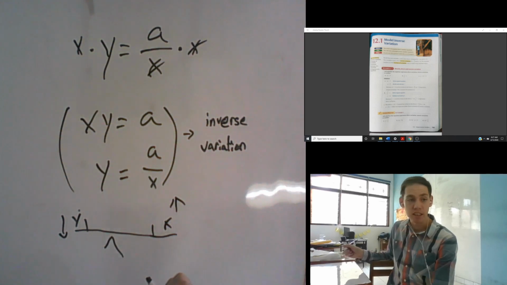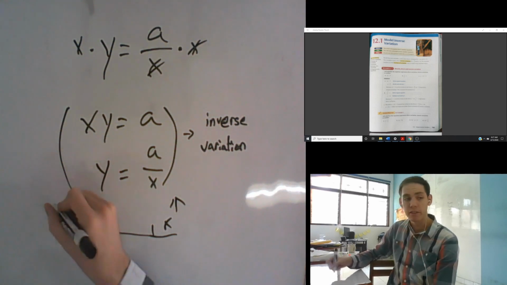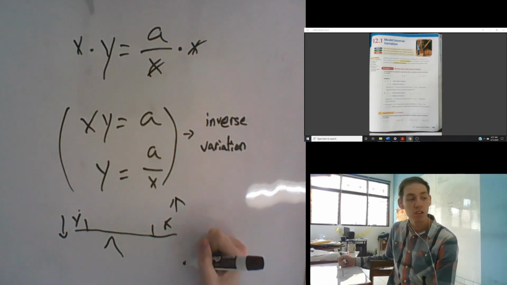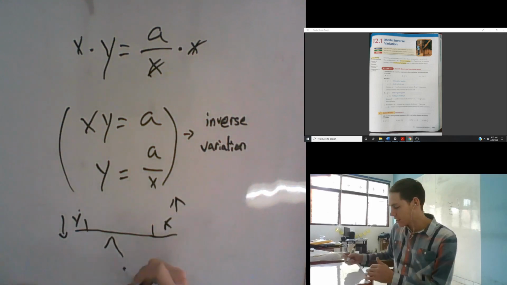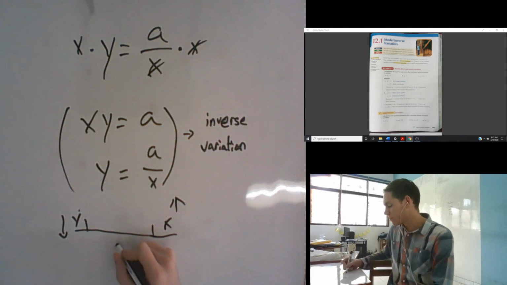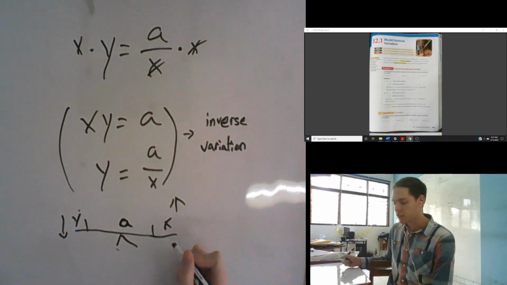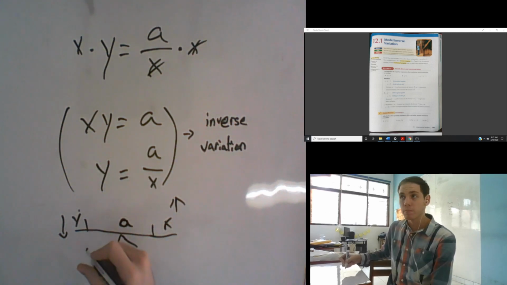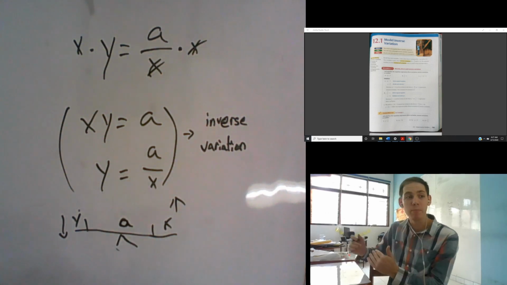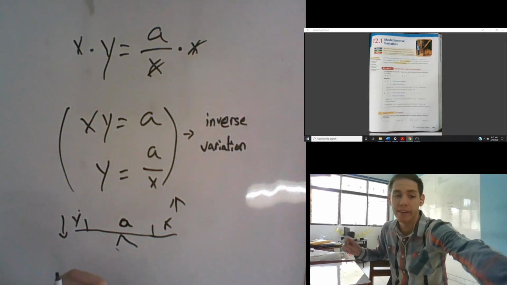And in the opposite case, if y goes up, x is going to have to go smaller. So this is our inverse variation formula, and our a is this thing that balances it out. Whatever a is will affect how big or small something is going to be.